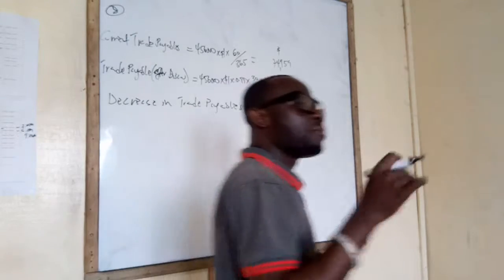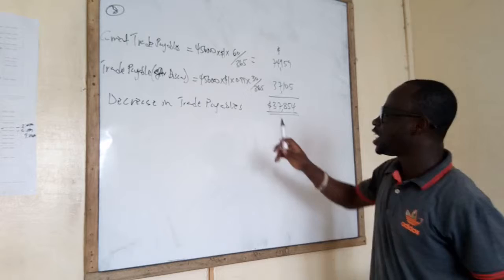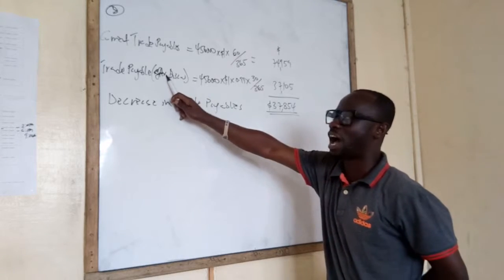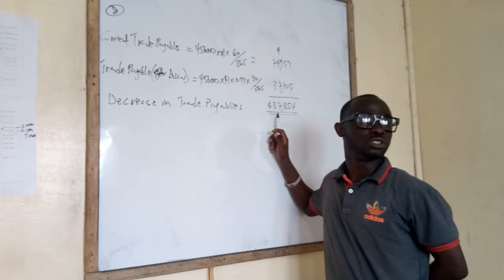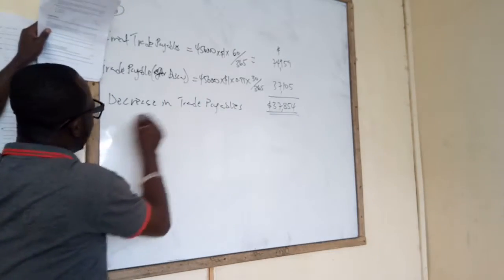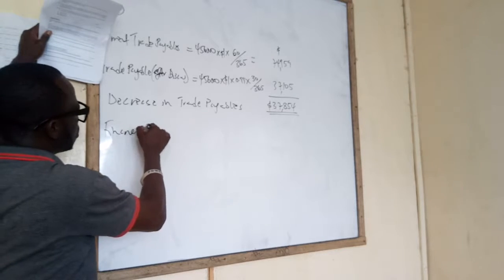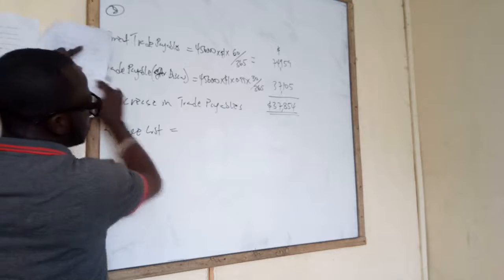You remember that trade payable is a source of finance. Hence, if we now decide to take the offer, we will have to go to the bank and borrow this money. So if we take the offer, we will have to pay a finance cost. What's the finance cost? 5%.